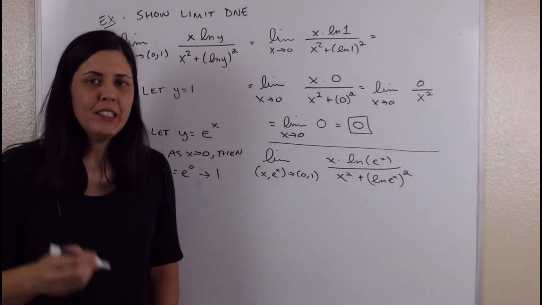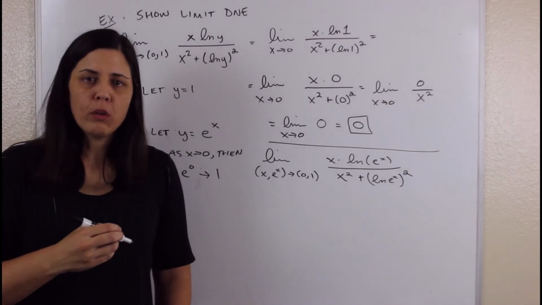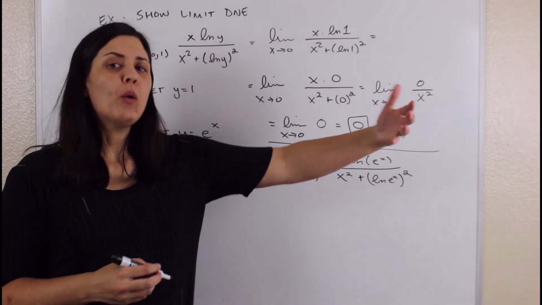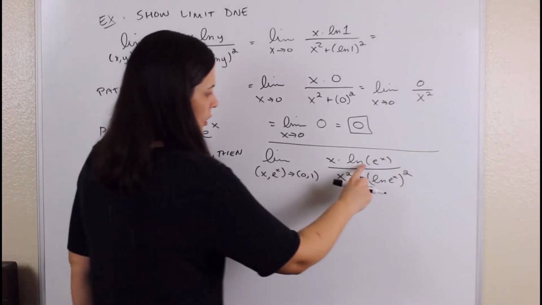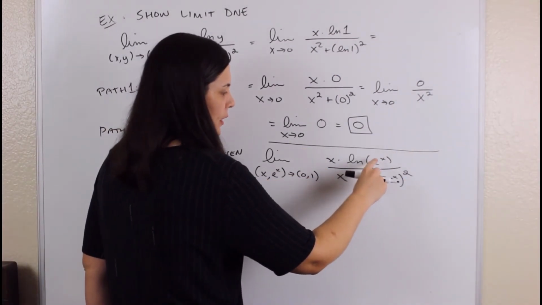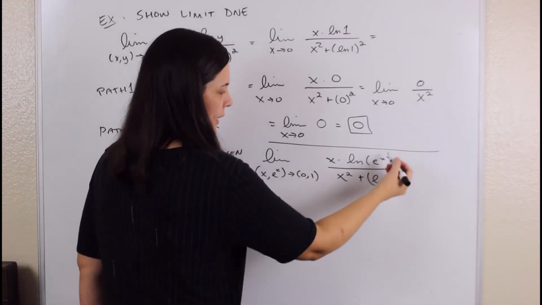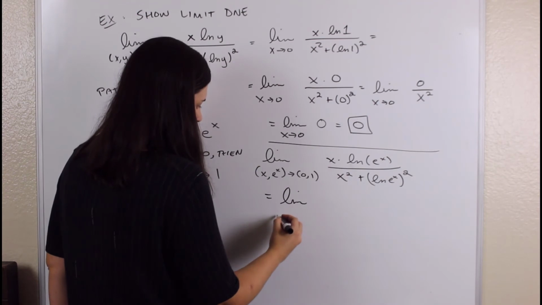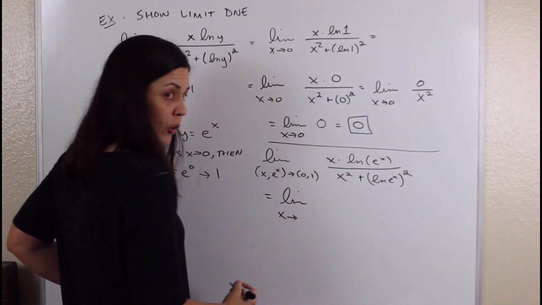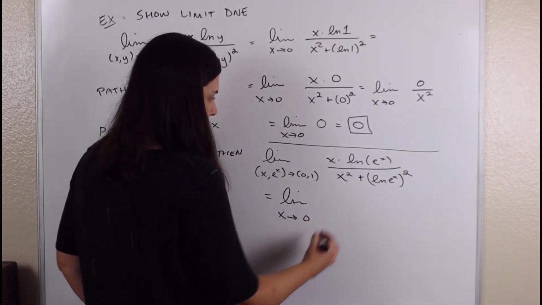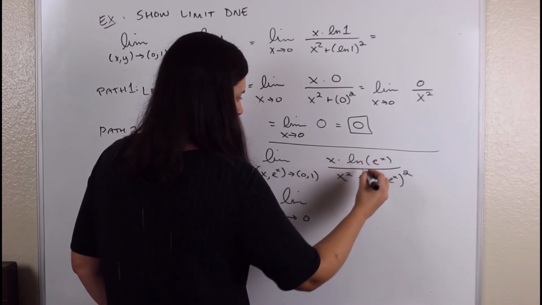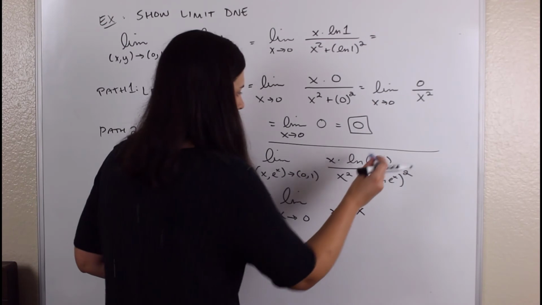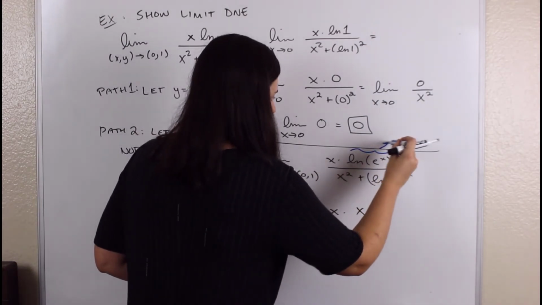Natural log of e to a power is the power, because remember what this is asking again. Natural log is saying e to what power does this equal? Well, natural log of e to the power, the answer is right there. It's x, it's the power. So this is our limit as x goes to 0. On top, this is going to be x times x, because this whole thing here is just x.